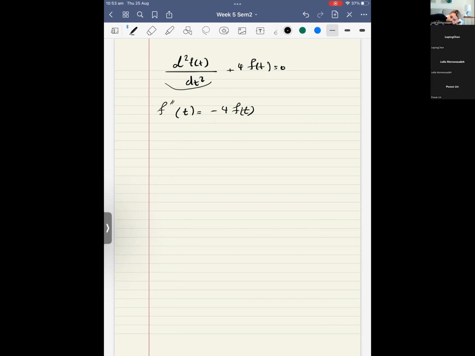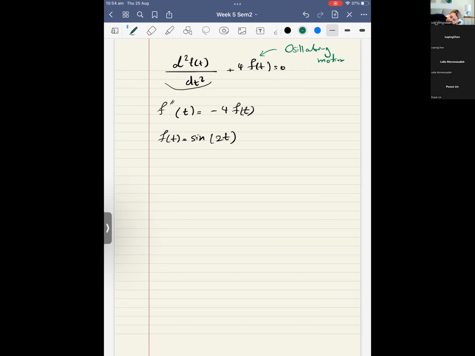If I take f(t) equal sine 2t, you know, I should choose something that shows oscillating motion, like for example wave, sound, light.